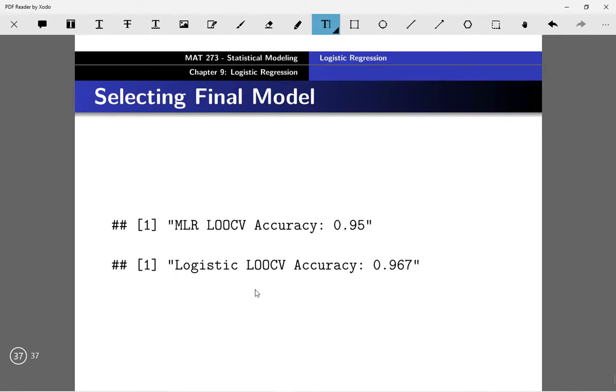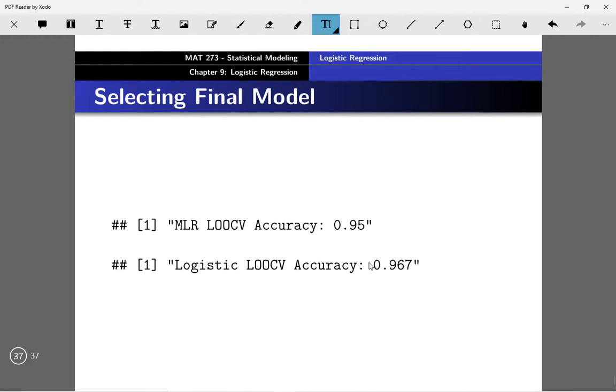The logistic model, on the other hand, correctly predicted almost 97% of the emails for whether they're spam or not. So since we're getting a higher accuracy for the logistic model, leave-one-out cross-validation is doing better. Personally here, I would select the logistic model.